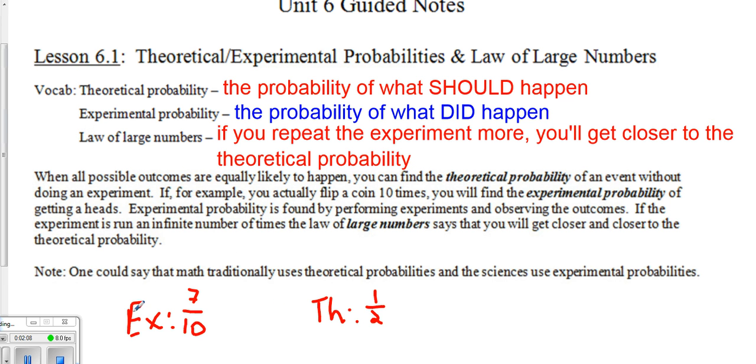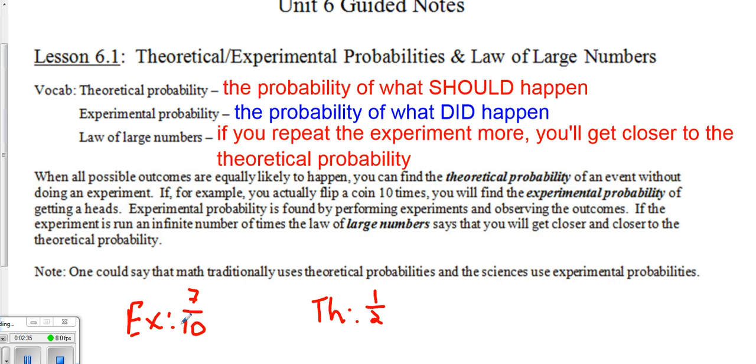So this shows the difference between experimental and theoretical probability. Experimental probability is found by performing experiments and observing the outcomes. If the experiment is run an infinite number of times, or it doesn't even have to be infinity, just a large number of times, the law of large numbers says you will get closer and closer to the theoretical probability.